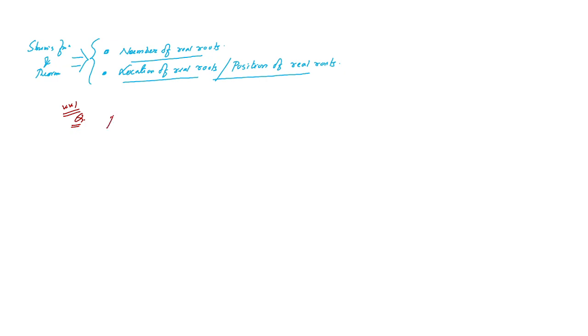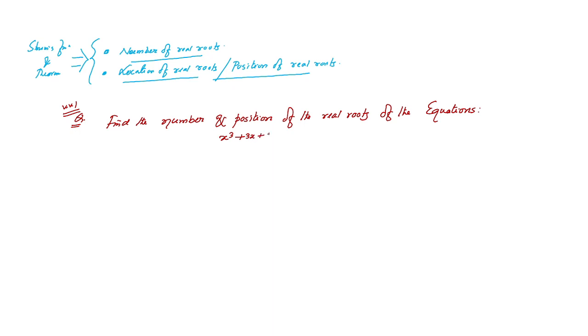Find the number and position of the real roots of the equation x cube plus 3x plus 1 equals 0. So now we'll come to the solution, how to solve this kind of problem.